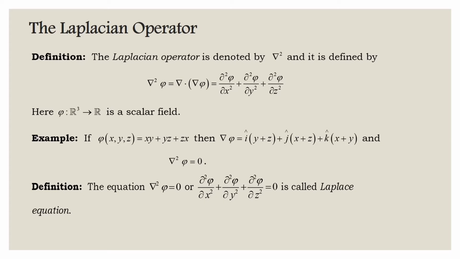It is defined by del square phi equals dou square phi by dou x square plus dou square phi by dou y square plus dou square phi by dou z square. This operator is called the Laplace operator. If we equate this del square phi to 0, that is, if dou square phi by dou x square plus dou square phi by dou y square plus dou square phi by dou z square equals 0, we get a partial differential equation.